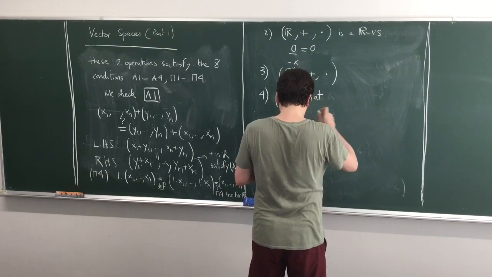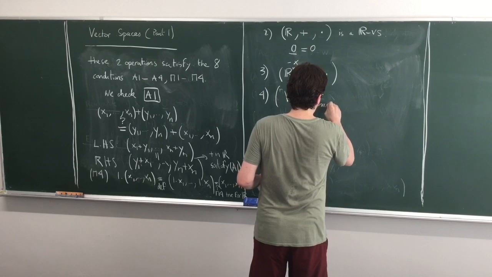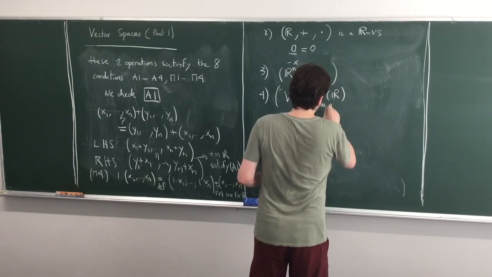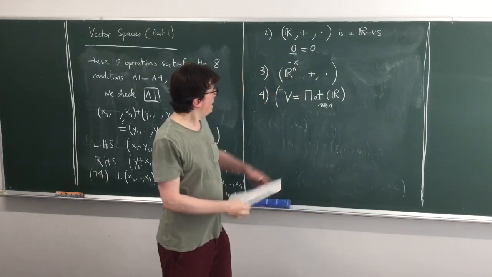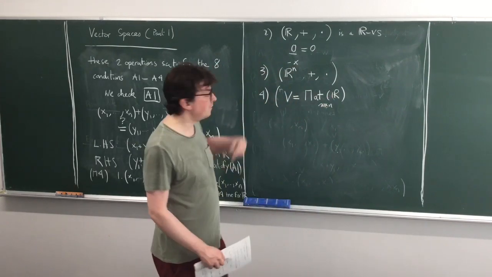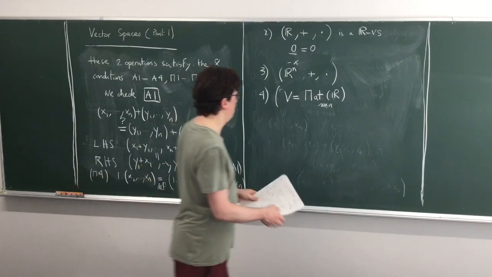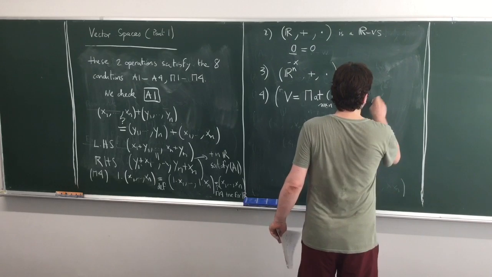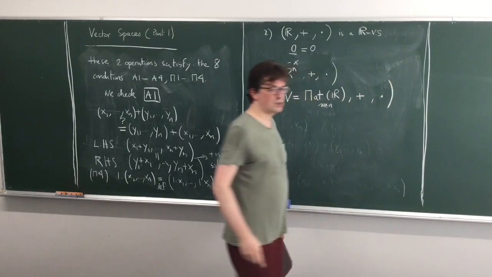Here we are going to take Mat_{m×n}(R), the set of m times n matrices with coefficients in R that we have seen in the previous chapter. Here again I will need to define these two operations, scalar multiplication and addition.